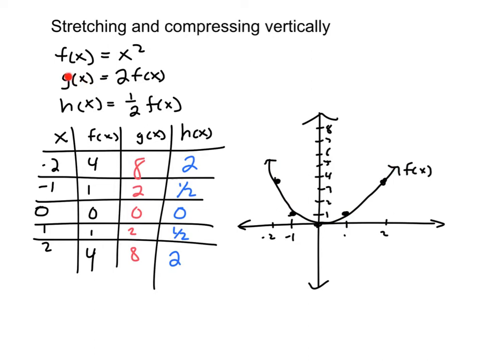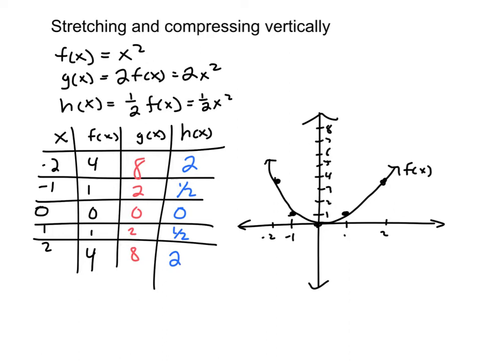Next, we have g of x is 2 times f of x. So the transformation g of x is 2 times f of x. If I were to write that, this is the same thing as saying 2 times x squared, right? X squared is f of x. Then h of x is 1/2 times f of x, so that's 1/2 x squared.